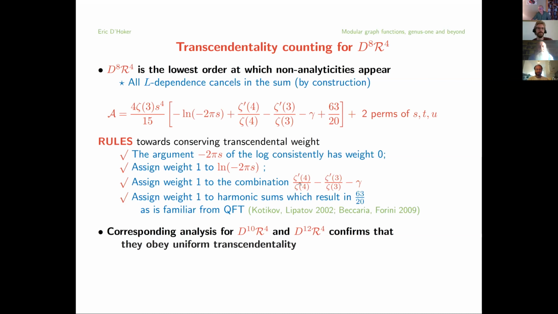Here we can have some argument, but I think it's pretty reasonable to assign weight 1 to zeta prime over zeta, and then minus this constant. But then there's a pesky term left over, 63 over 20. By itself, this is a rational number, and this certainly does not have weight 1.